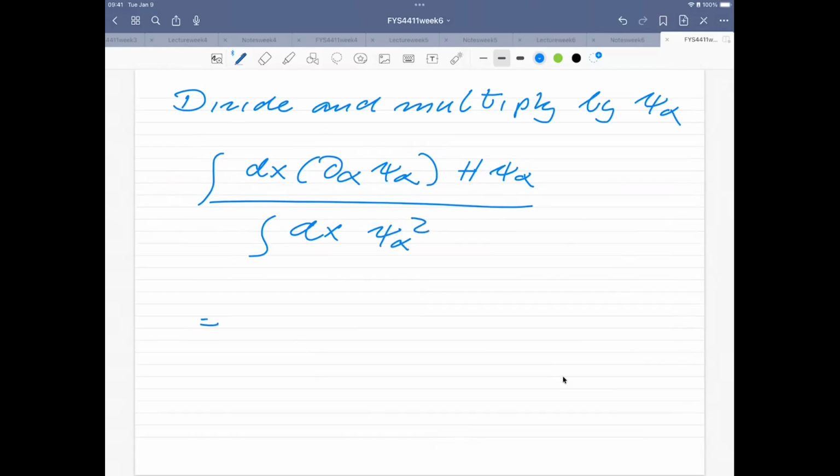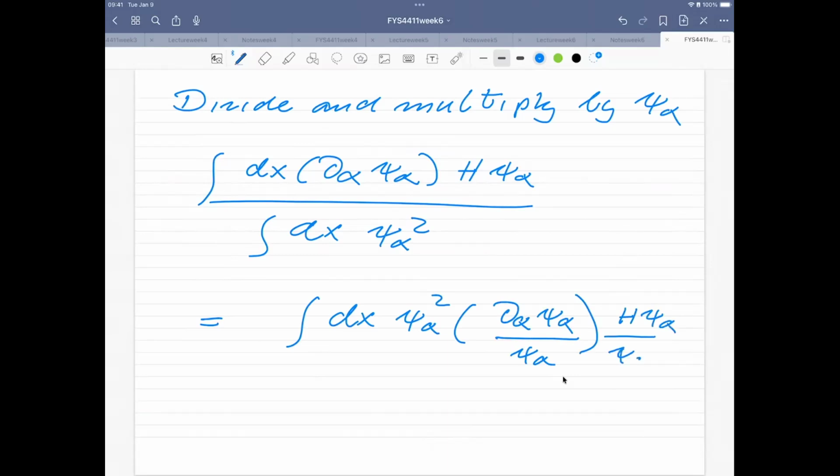This quantity here is nothing but dx, and then I have psi alpha squared, and then the derivative d alpha psi alpha divided by psi alpha, multiplied with H psi alpha divided by psi alpha. This quantity which you see here is nothing but the local energy.